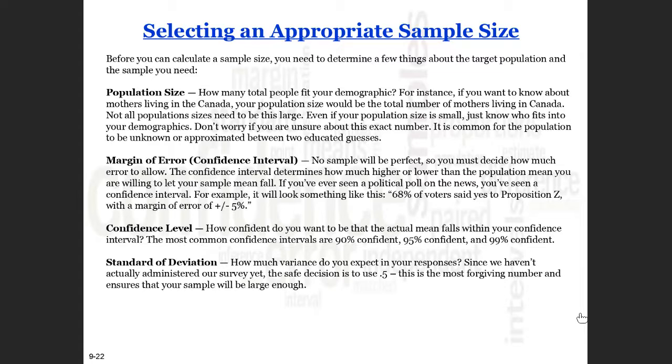So I want everybody to understand that, because you have to think statistically. For example, in this one it says 68% of the voters said yes to Proposition Z with a margin of error of plus or minus 10%. Well, is that poll accurate?